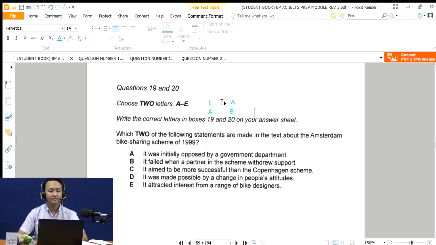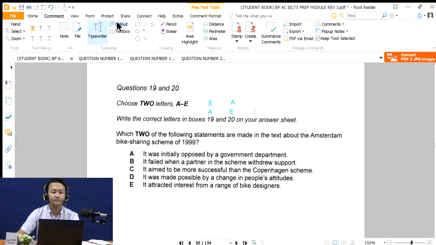Now let's see what you need to do after you have read the instruction and know how to write the answer. The next step is to understand the question. The question asks you to find two statements about the Amsterdam bike sharing scheme of 1999.